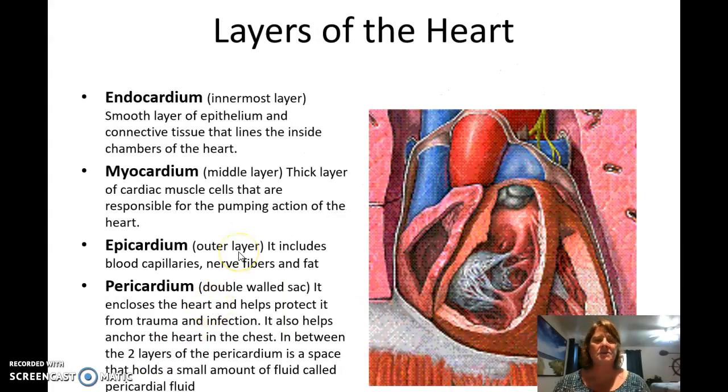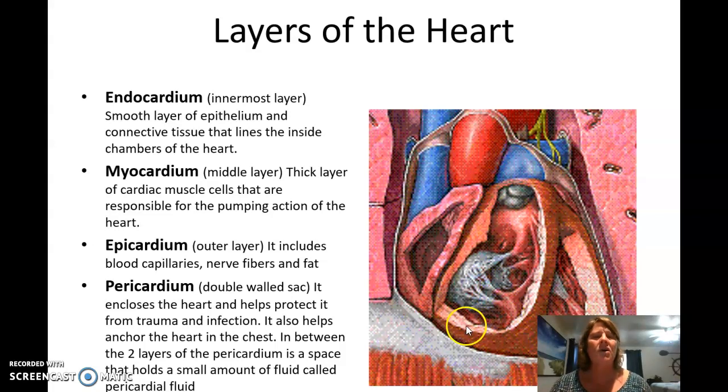When we look at layers of the heart, our innermost layer is called the endocardium. The endocardium is made of smooth epithelial and connective tissue. I say smooth, it's smooth to touch, but there are lots of valleys and folds inside of it.